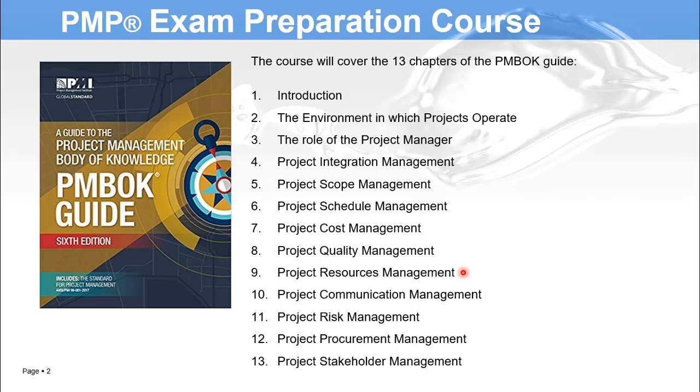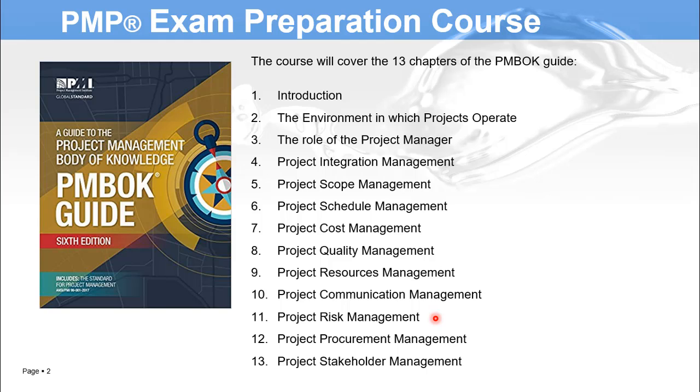This knowledge area provides information about how to estimate, how to acquire all the resources needed to complete the project, human resources and non-human resources. And then chapter 10, project communication management, how we are going to communicate with the stakeholders, how we are going to send the information and make the information available to each one in the project.